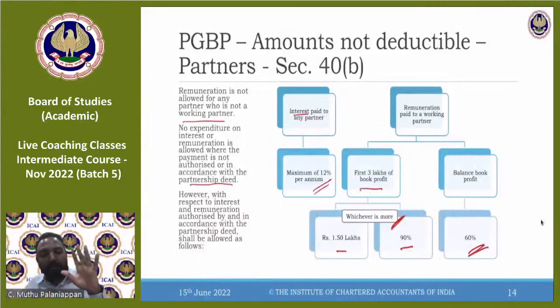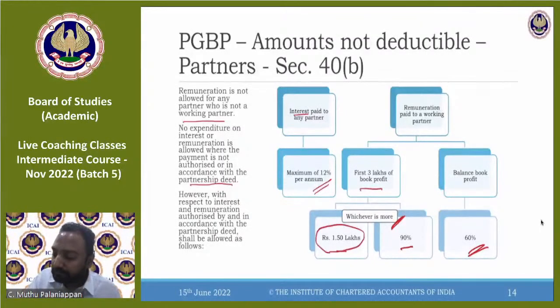So for interest paid to any partner, 12%. For remuneration, for the first 3 lakh, it is 1.5 lakh or 90%. Why do they have this? Basically to say, even if you have a loss, you are eligible for a remuneration of 1.5 lakhs per annum.